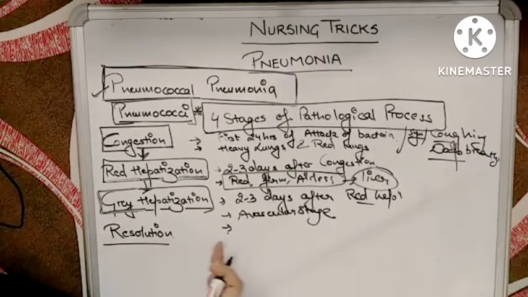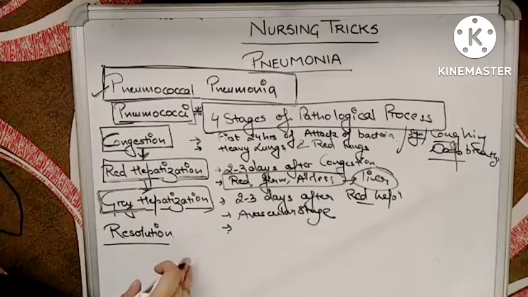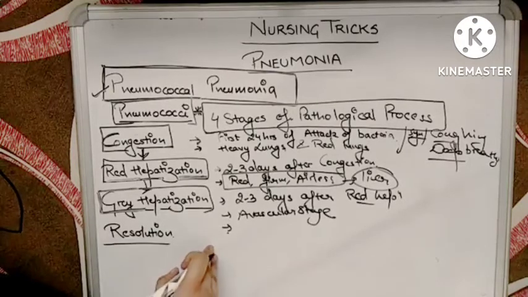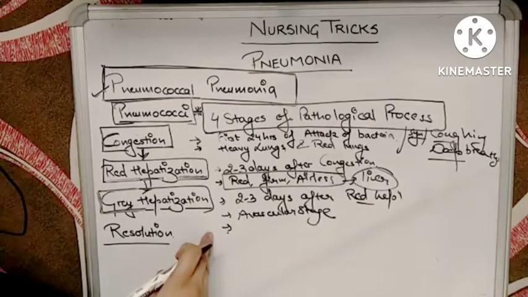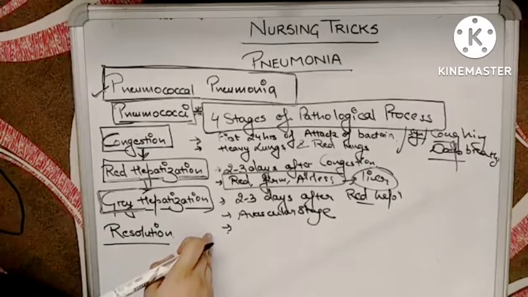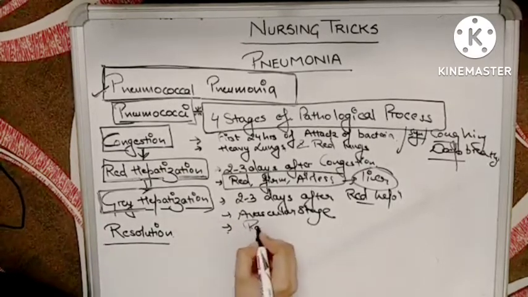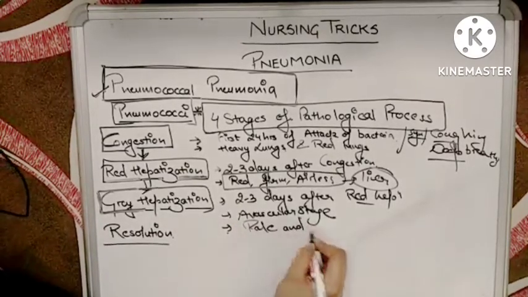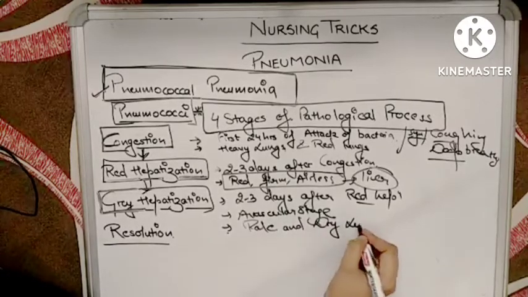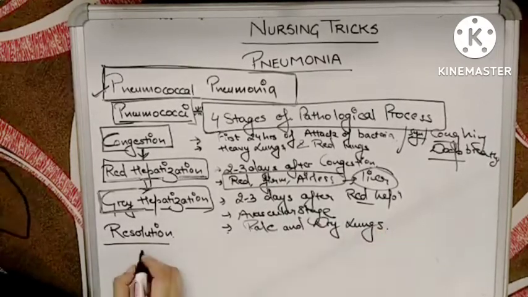They are very pale and dry, and the fibrin is still present in the lungs. So in this avascular stage, disintegration of red cells takes place, and the lungs are pale and dry.